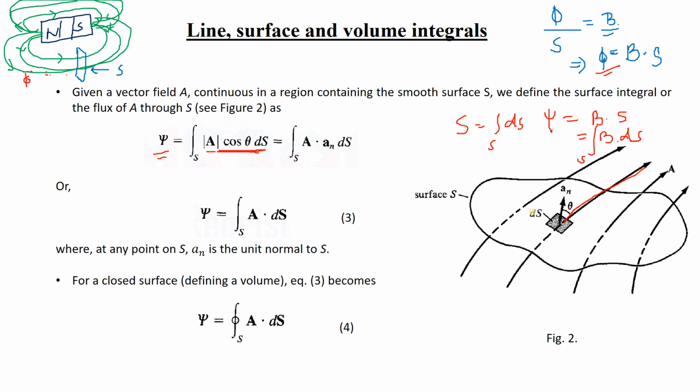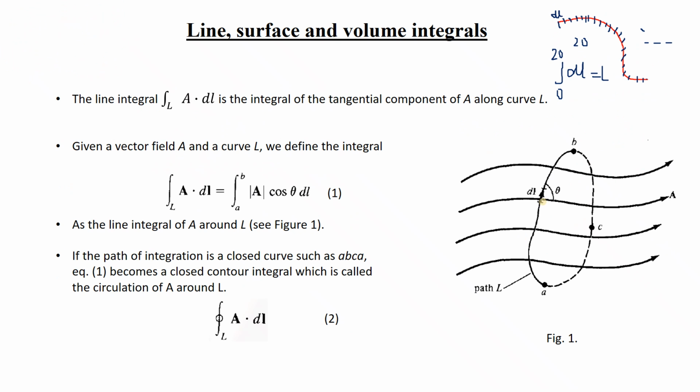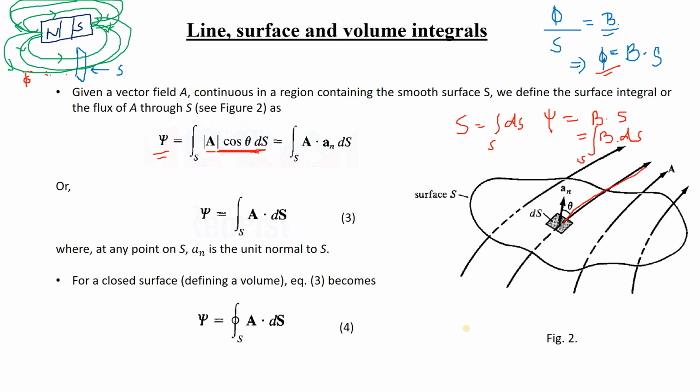Now cos theta means this vector A has a direction. Does area have a direction? Length has a direction, and A has a direction.